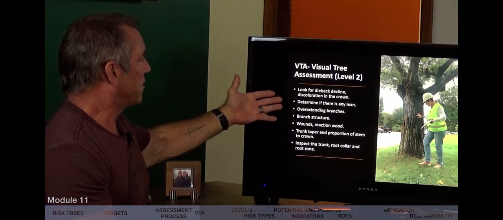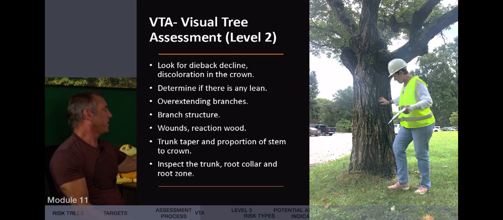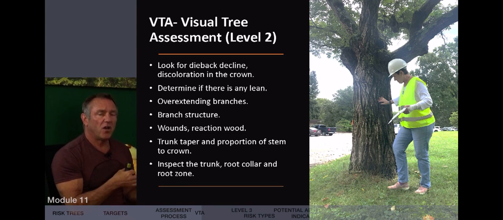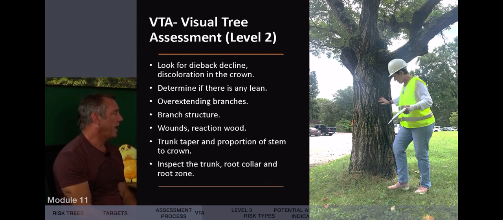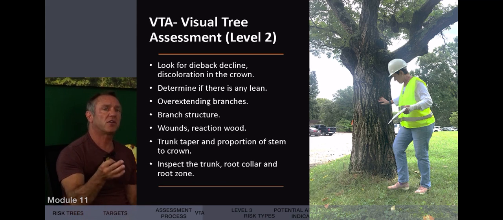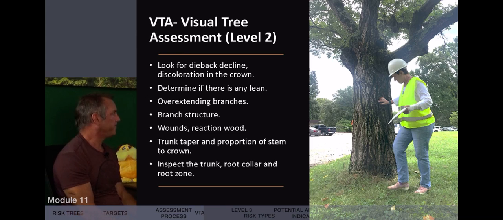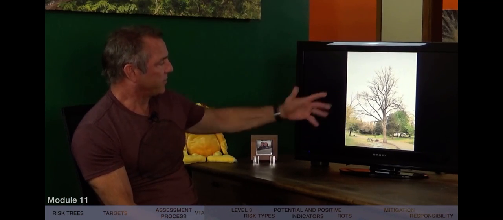So we'll determine if there's any lean, look for overextended branches, we'll look at branch structure and branch attachment. We'll also try to identify if there's any decay or positive indicators or potential indicators of decay, and look for things that, again, could pose a risk or increased likelihood of failure for the targets in and around that tree. For example, we'll take kind of a sample tree here.